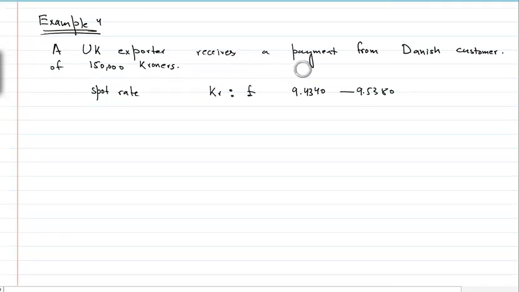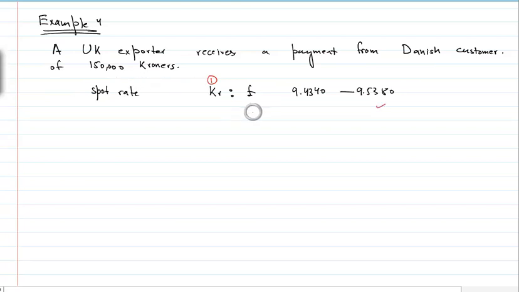A UK exporter receives a payment from the Danish customers of 150,000. Now, when it is going to receive 150,000, of course, it is going to convert it into pounds. The quote currency is kroners, and what we are doing is selling kroners. And if we are selling kroners, it means we are going to use the bigger rate.